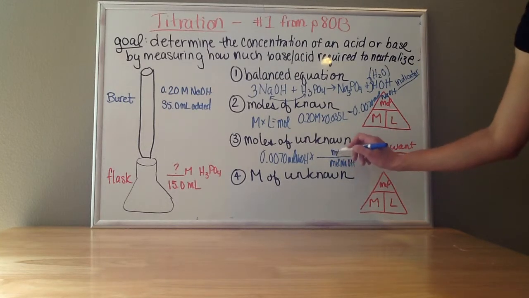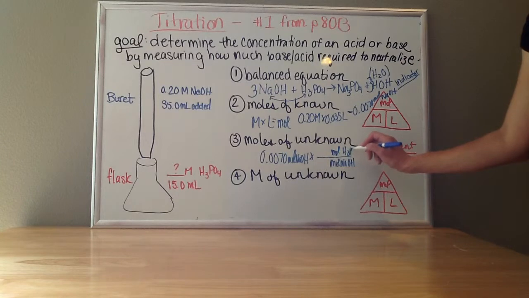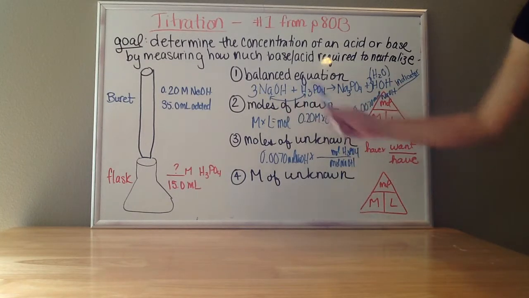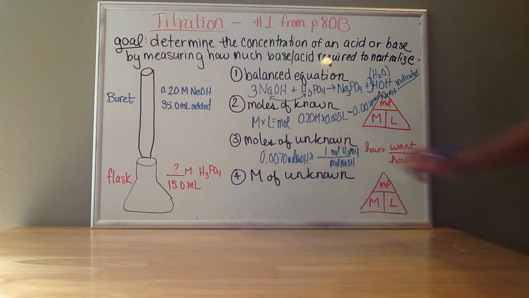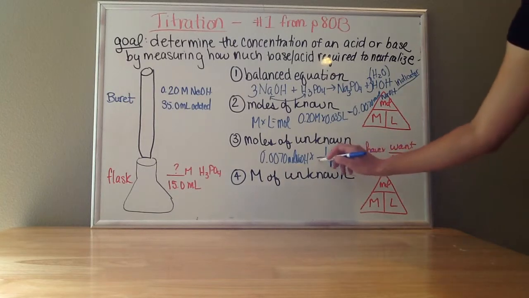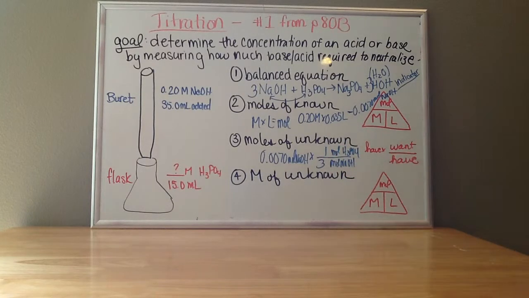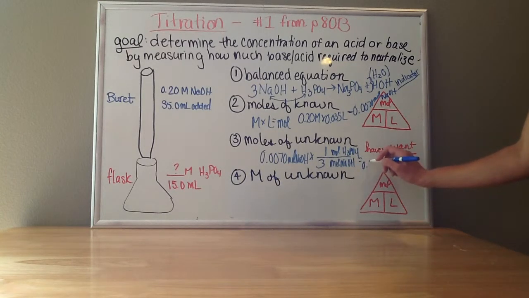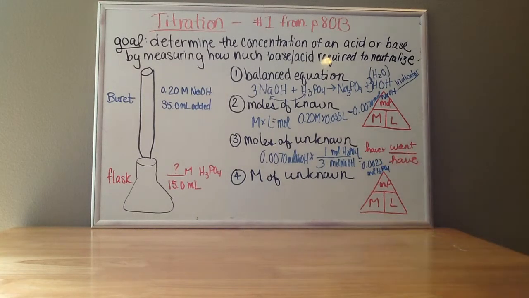And what I want to find is moles of H3PO4. And this chemical equation tells me that I have 1 H3PO4 for every 3 NaOHs. So again, plug that in your calculator, 0.0070 times 1/3, you get 0.0023 moles of H3PO4.